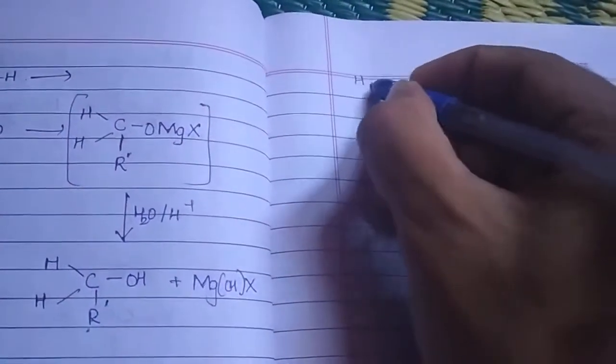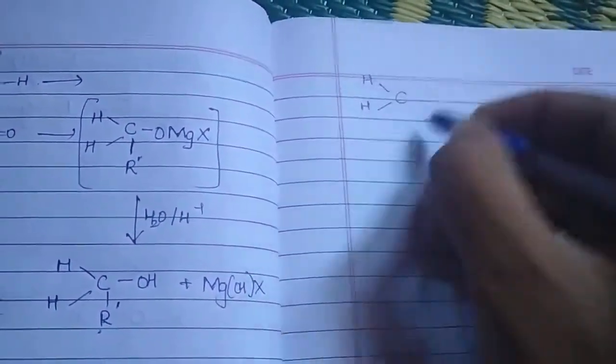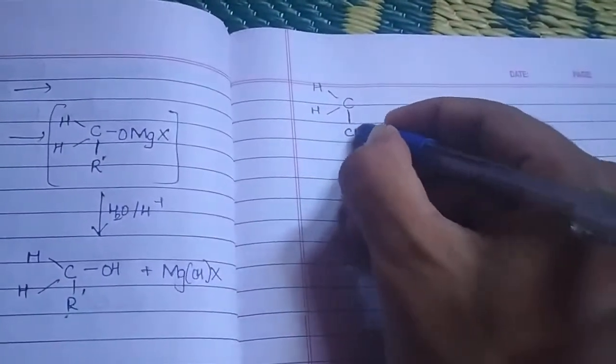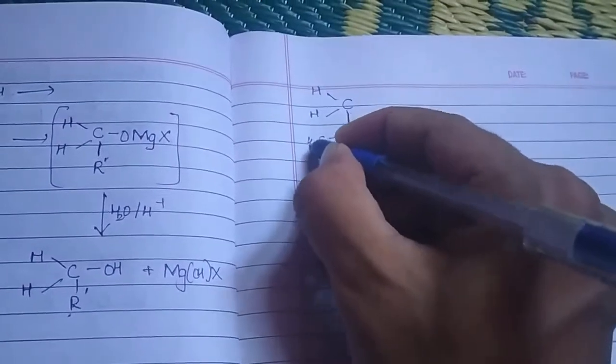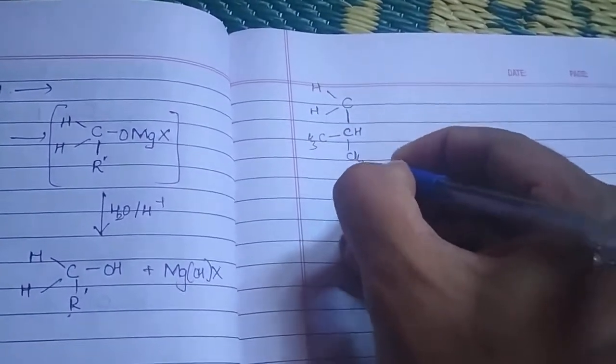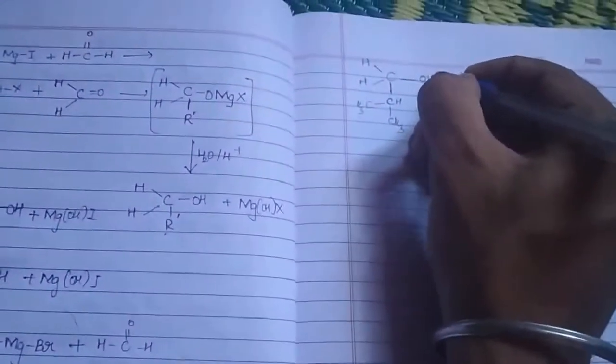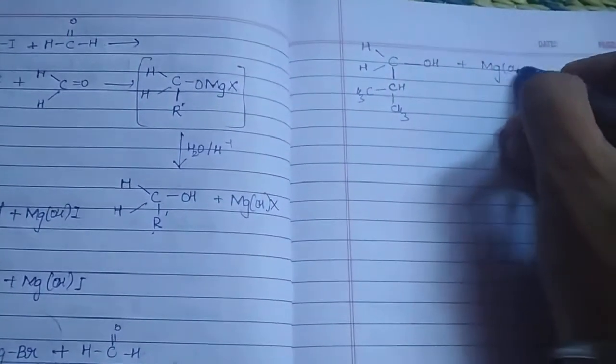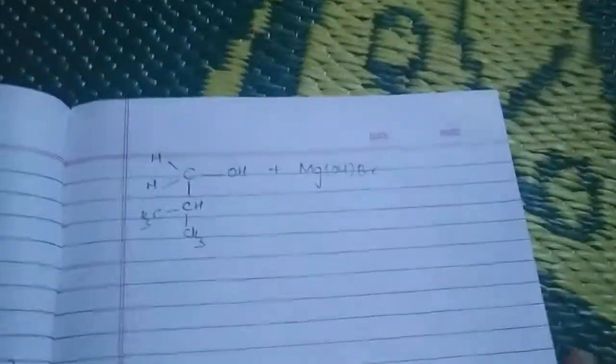Here you have H, you have C and an H. So now this CH comes and attaches. So here comes your CH, CH3 and CH3. Are you able to see the difference? Then you will have OH plus MgOHBr.